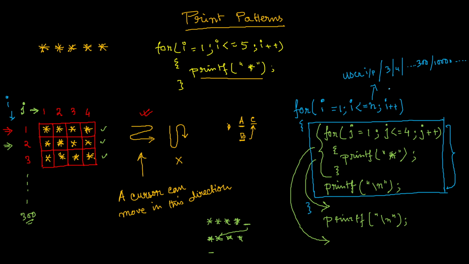One thing is sure: n is the number of rows. And if you want to keep this 4 as a variable, you can keep, say, m. Instead of 1 2 3 4, if it is 5 or 6 and so on, m is the number of columns.